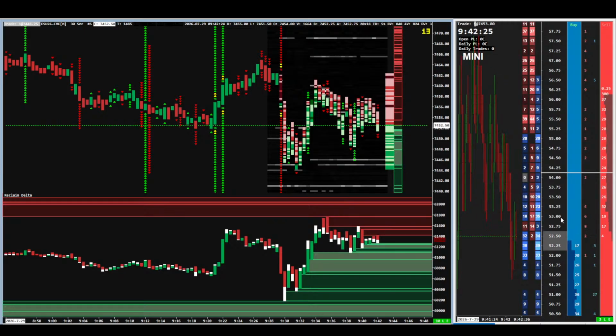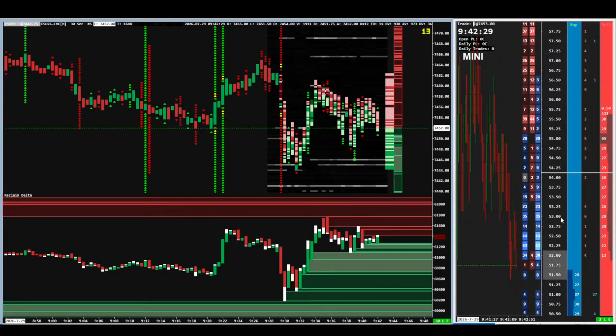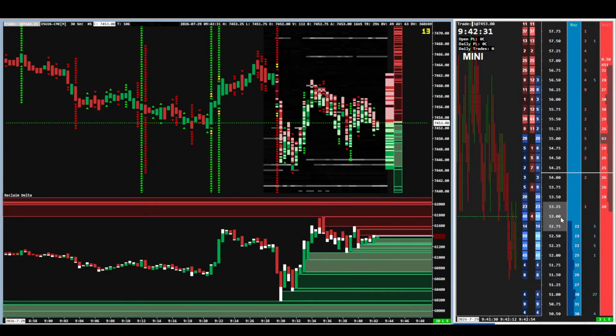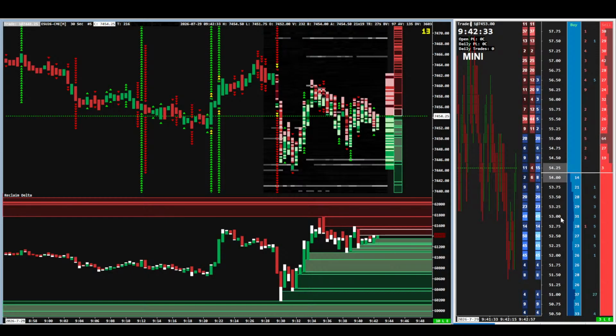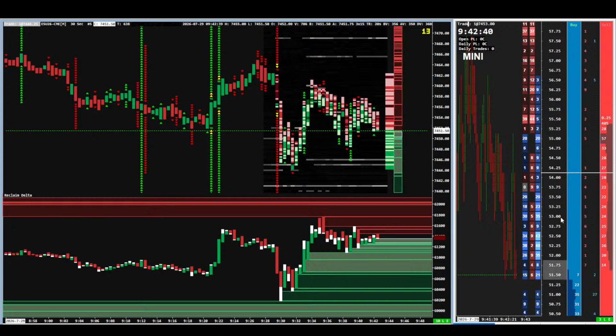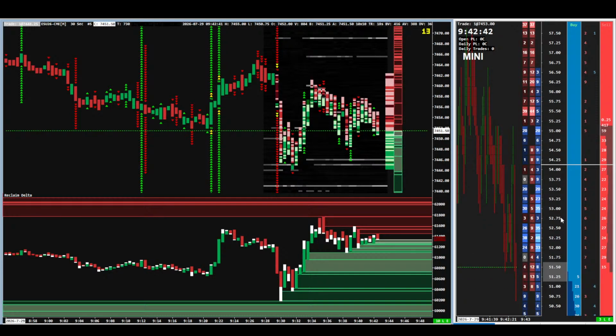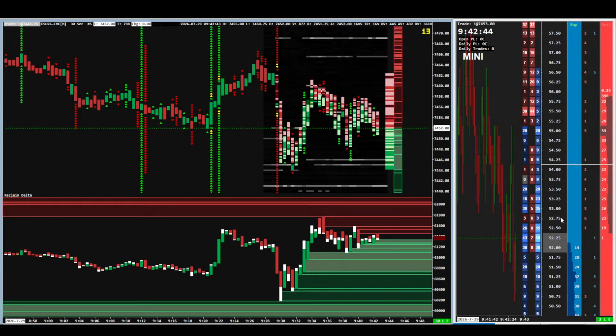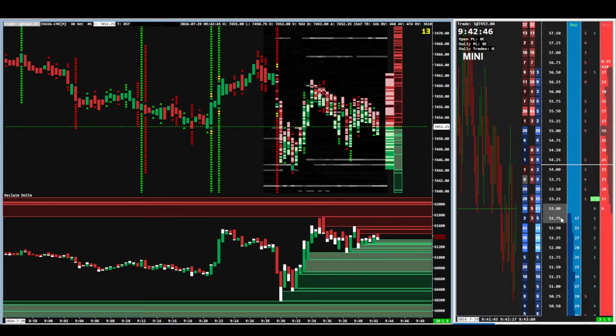When the cumulative delta is dead with a lot of price movement, up on nothing, they're going to want to take it right back down. Yeah, that's a good point. So it looks like they're taking back all that spoofing to the downside because buyers are failing.